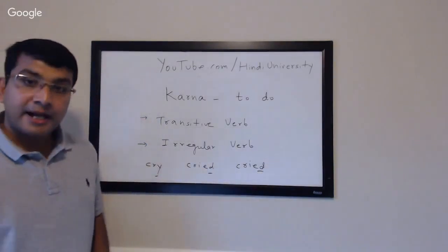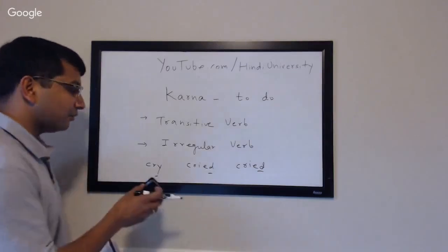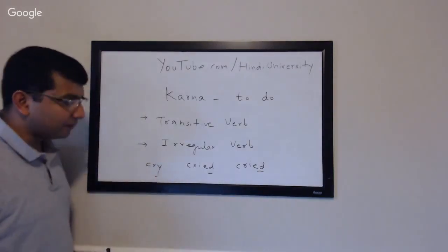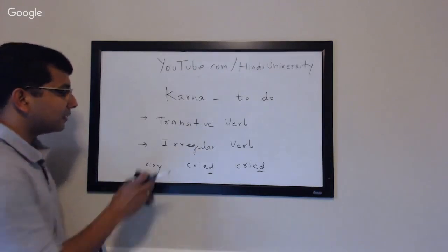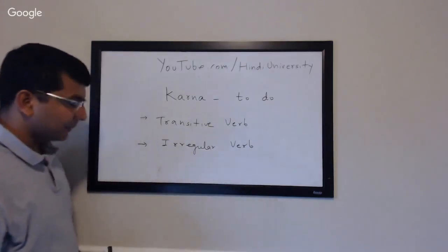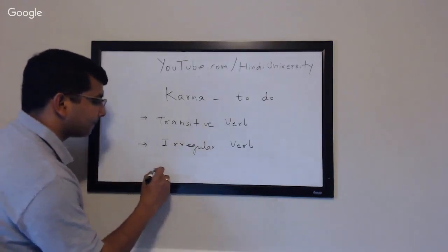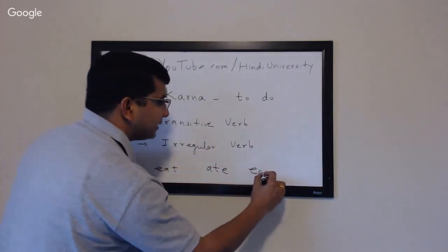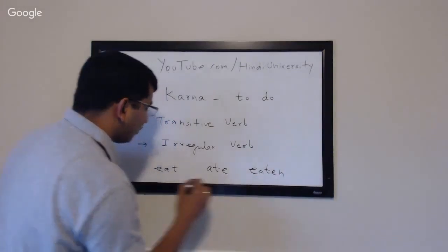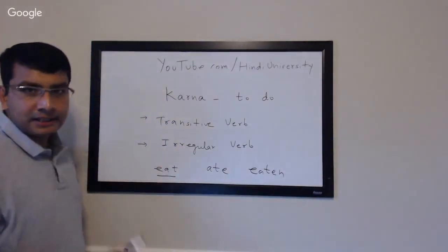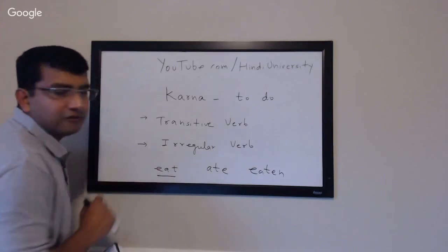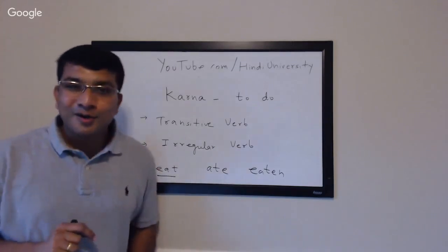But at times there are verbs in English which are completely different in the past form than their present form, such as eat, ate, and eaten. You're not simply putting d or ed at the end of eat to make the past form. These kinds of verbs are called irregular verbs.